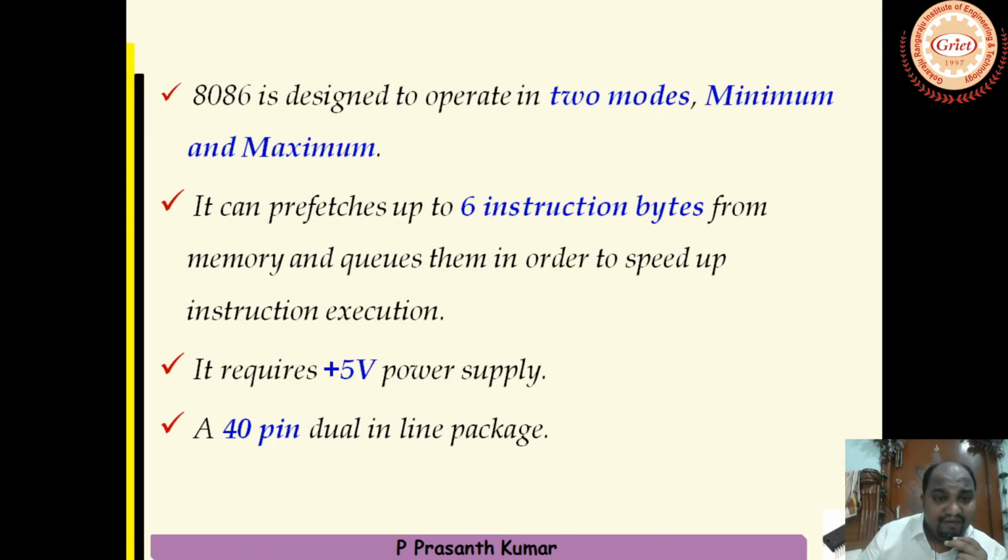It can prefetch up to 6 instruction bytes from memory and queue them in order to speed up the instruction execution. 8086 is a 40-pin dual in-line package, and the voltage required for the 8086 is plus 5 volts.